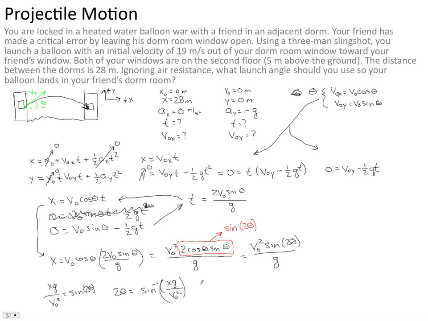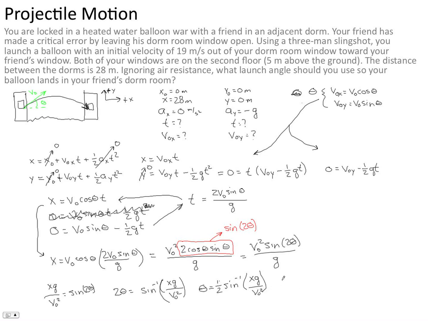Okay, and so that means theta equals 1/2 arc sine, inverse sine, of x times g divided by v naught squared.